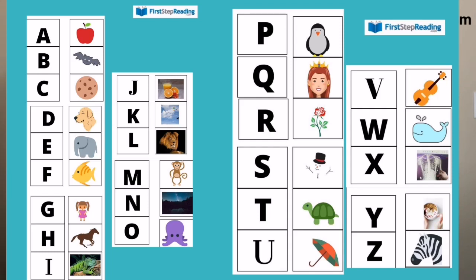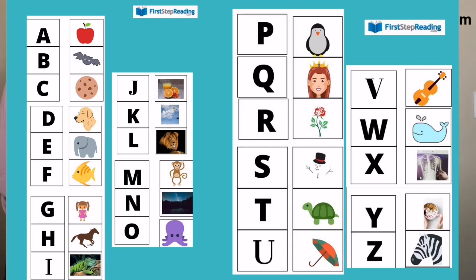The O says ah, like monkey, knight, or octopus. The P says p. The Q says qua. The R says like penguin, queen, or rose.